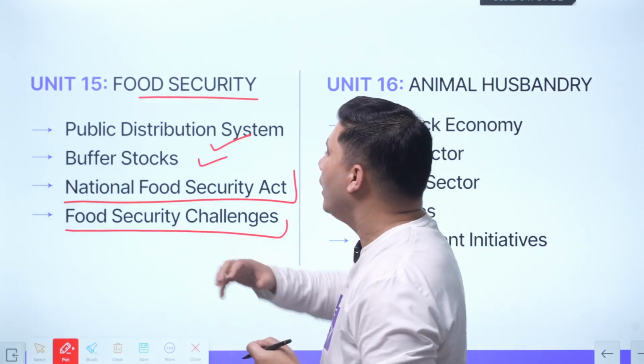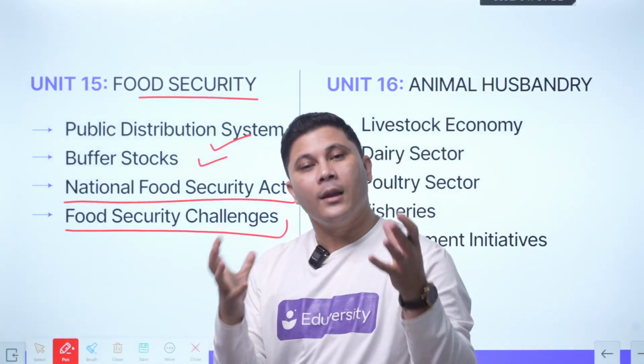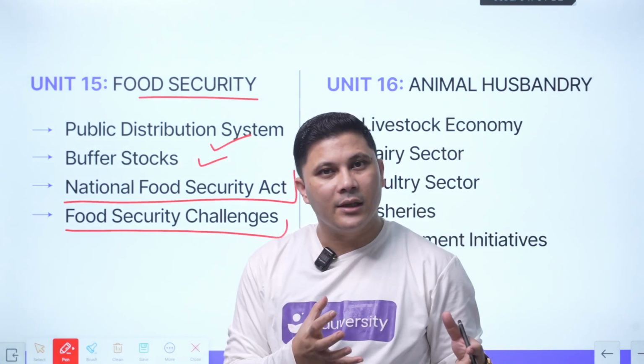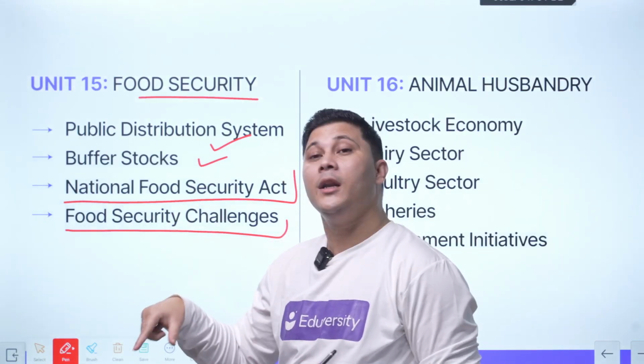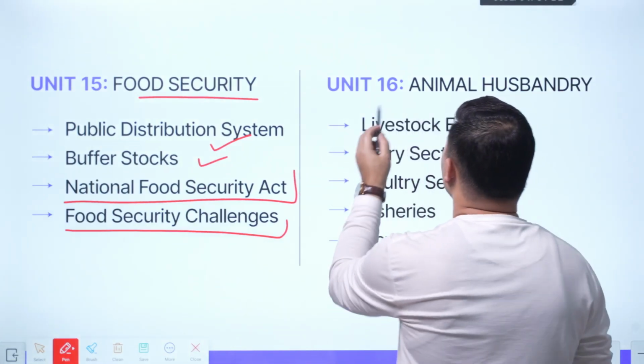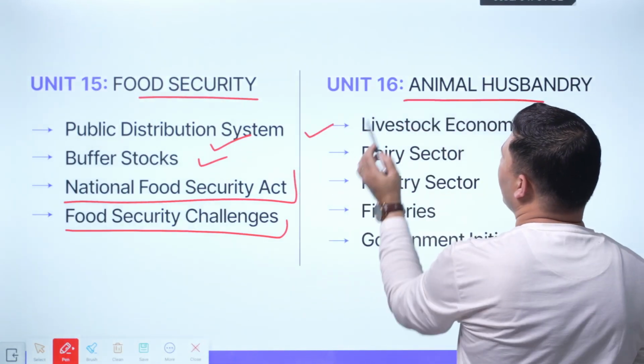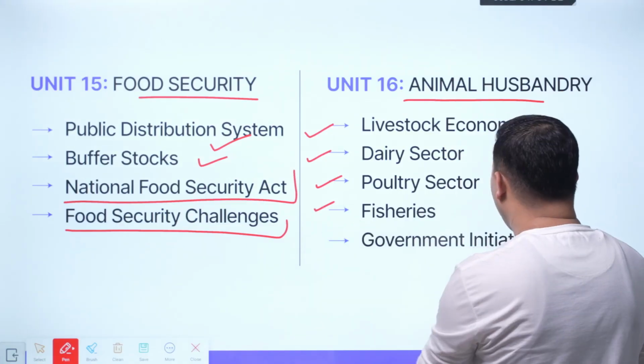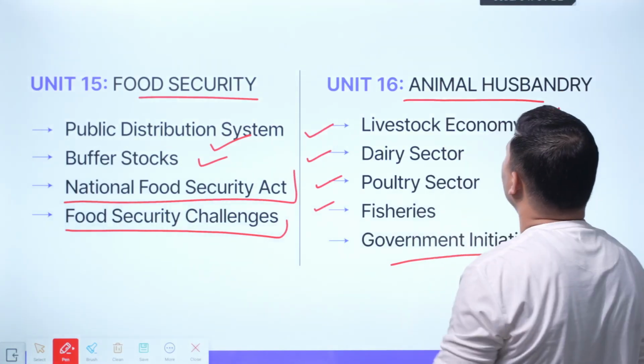How is India mitigating the food security challenges? This is also linked to the zero hunger goal, SDG 2. Then Unit 16, animal husbandry: livestock economy, dairy, poultry, fisheries, and government initiatives relating to animal husbandry.